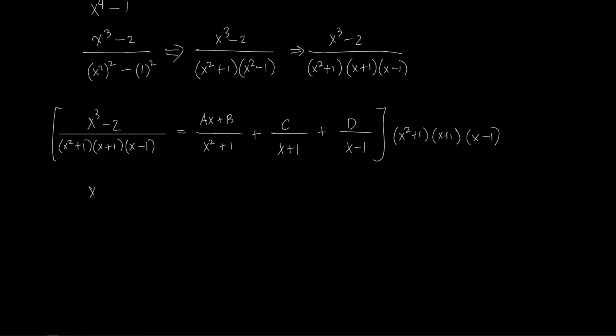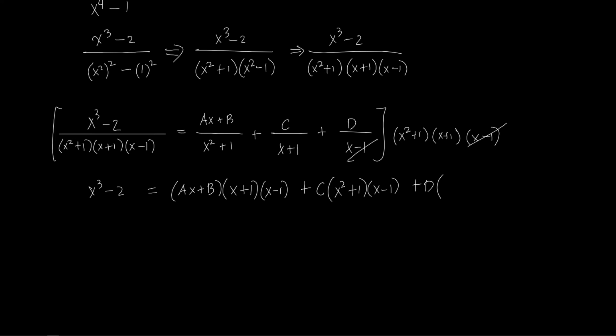So, ang mabilin, we have x cubed minus 2 is equal to ax plus b multiplied by x plus 1, x minus 1, plus c, makancel out ni siya, mabilin x squared plus 1 times x minus 1, plus d, cancel out ni, mabilin x squared plus 1 times x plus 1. Naka-follow pa ba? Yes po, sir.